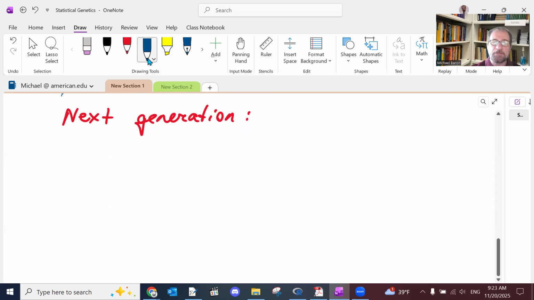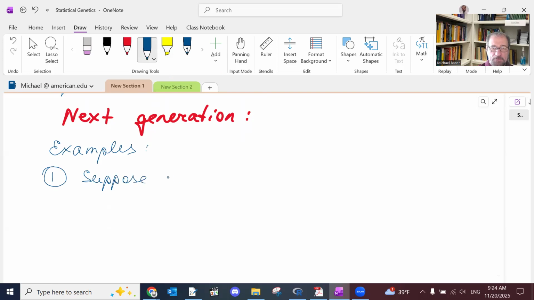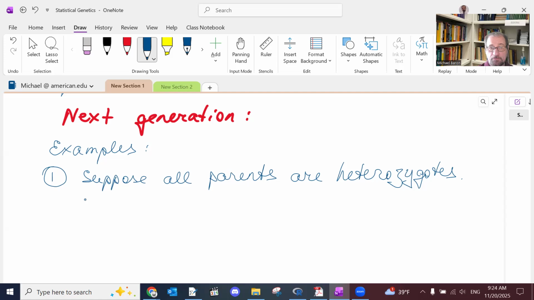Let's again consider examples. Example 1, suppose that in this generation, all parents are heterozygotes. So what will be U, V, and W?